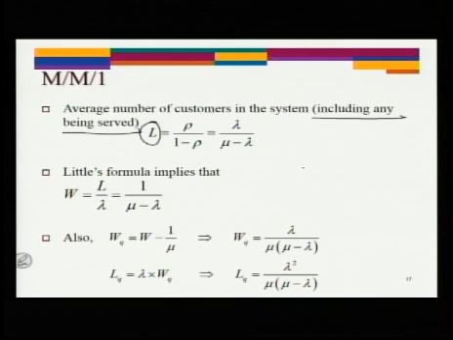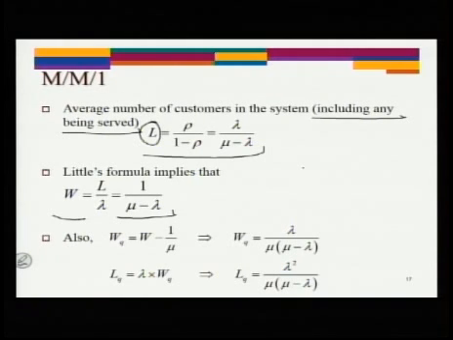I believe any operations research book or stochastic process textbook derives this formula. So if you are interested, I want you to refer to those textbooks or any other reading materials. Okay? So for the MM1 model, L is computed by lambda over mu minus lambda. And for the MM1 model, Little's formula also implies that W can be obtained by 1 over mu minus lambda. Okay?